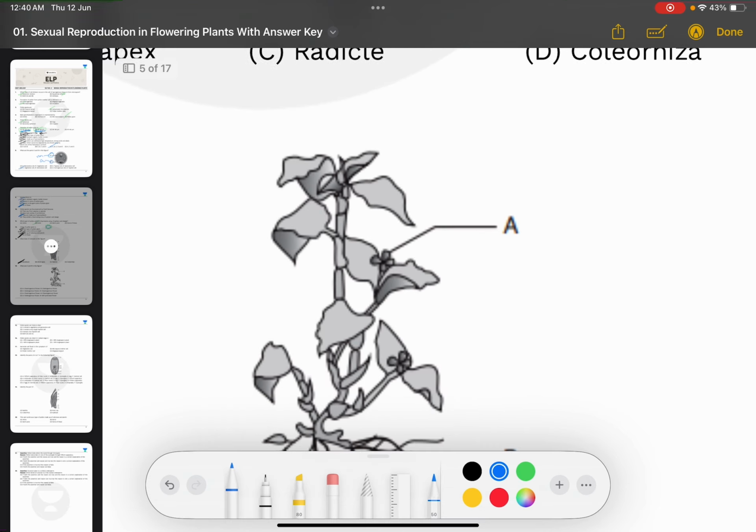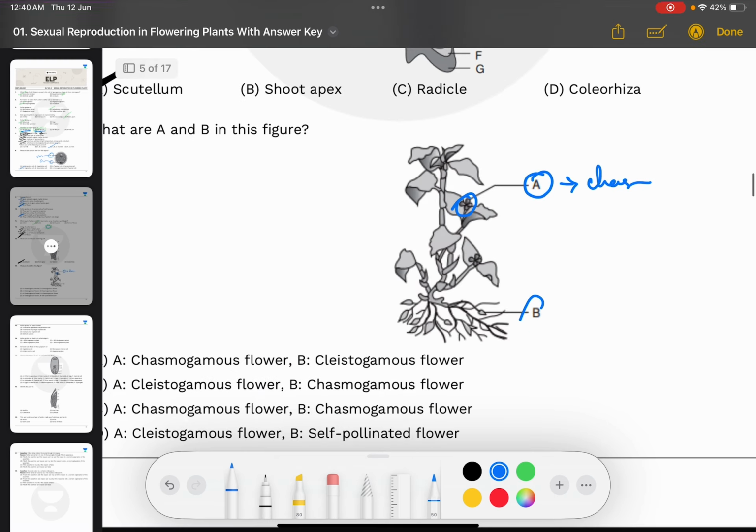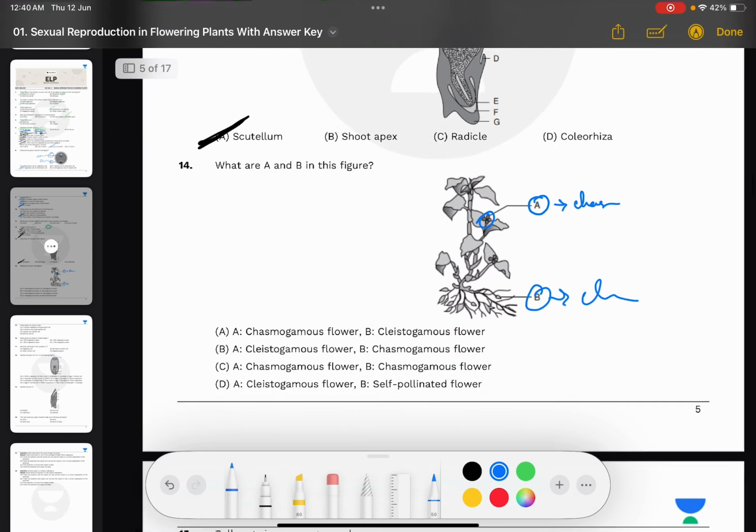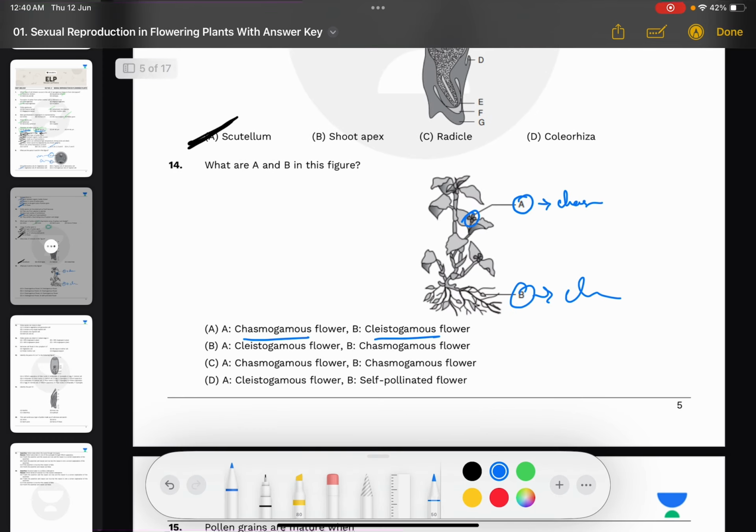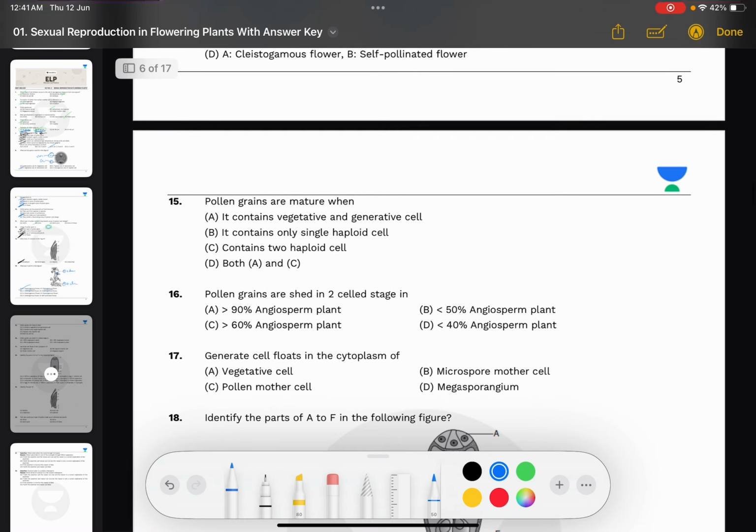Here we can see A is showing the chasmogamous, I think, and B is showing the cleistogamous. So A is chasmo and B is cleisto. A option is correct. Let me check it. Yes, I am right.